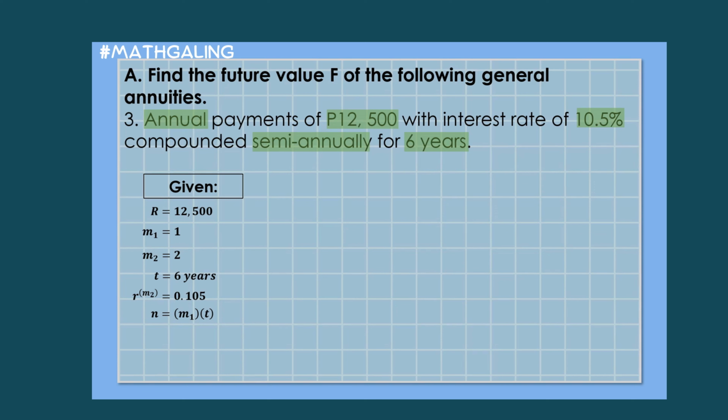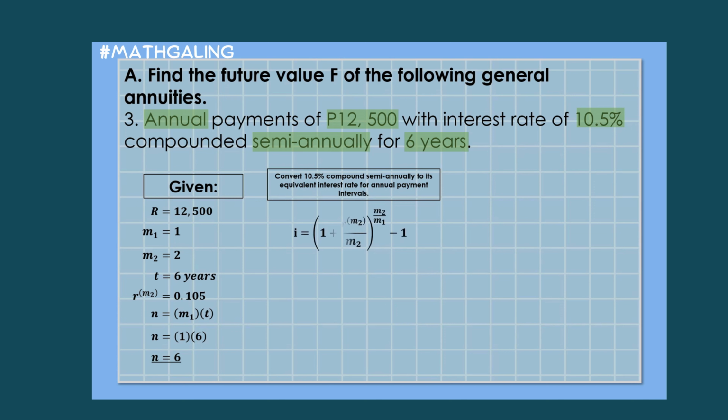Converting it into our given, that is now 1 times 6, and 1 times 6 is equal to 6. Convert 10.5% compounded semi-annually to its equivalent interest rate for annual payment intervals.